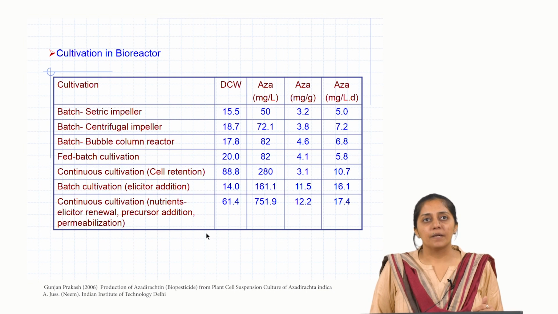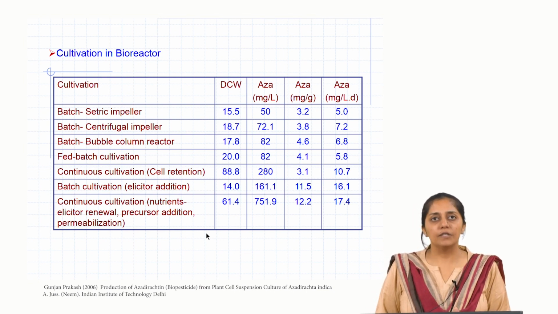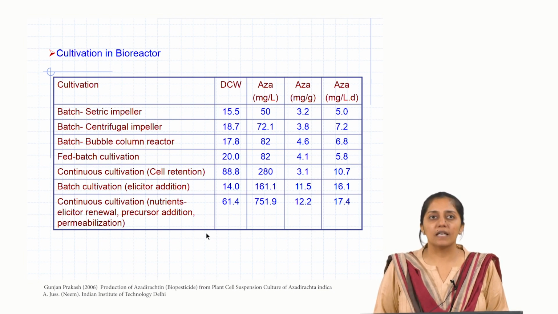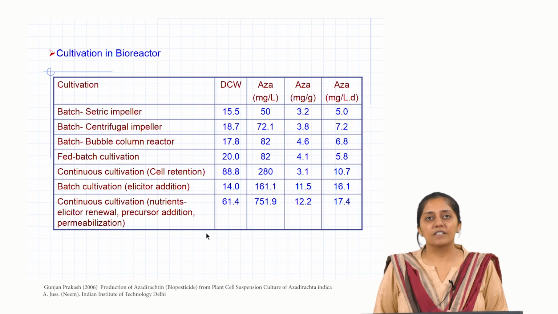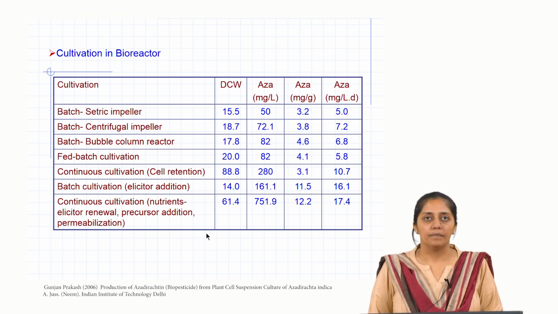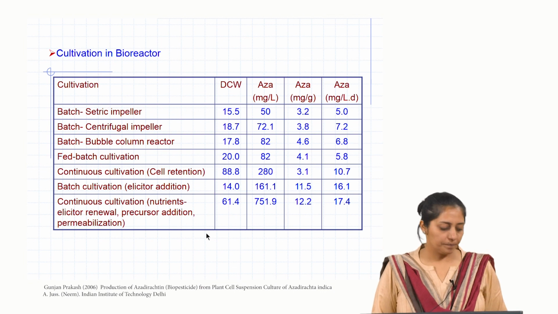and then batch cultivation with elicitor addition was seen to increase the productivity to very high levels, almost 3-fold. Then continuous cultivation with an integrated study, which included addition of elicitor, precursor, permeability enhancers and nutrient feeds, led to the maximum enhancement in productivity up to 17 milligrams per liter per day.